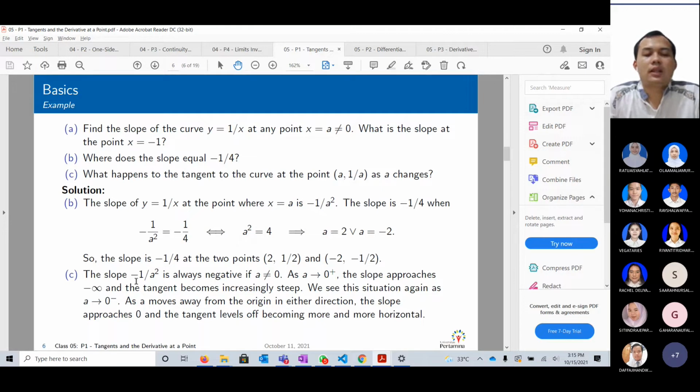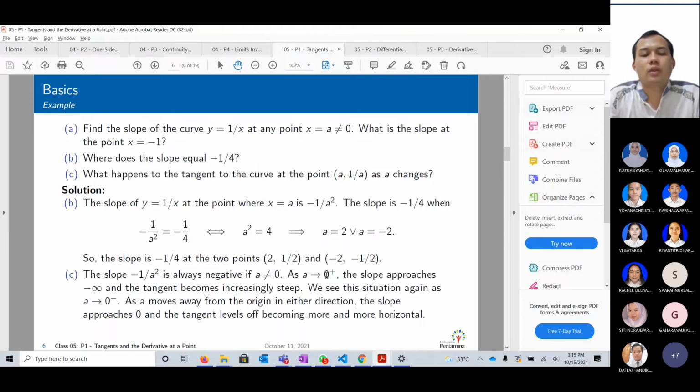So in this case, the slope is always negative. Ya, jadi karena a kuadrat itu selalu positif, jadi 1 per a kuadrat selalu positif, karena kita kalikan dengan min 1, sehingga kita punya kemiringannya selalu negatif. So as long as a not equal to 0, the slope is always negative.